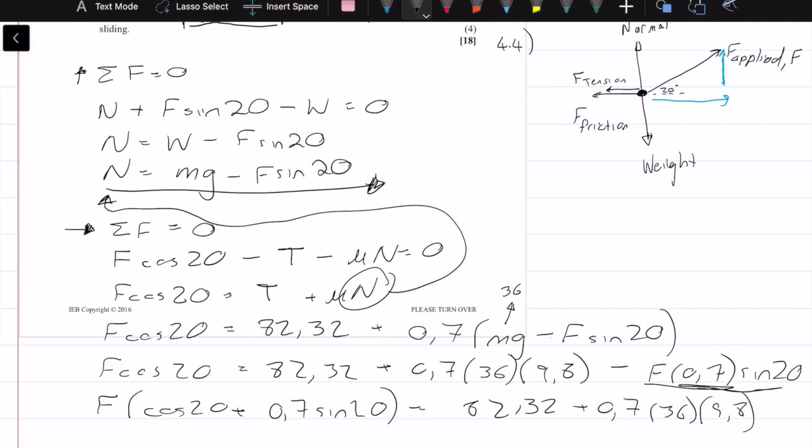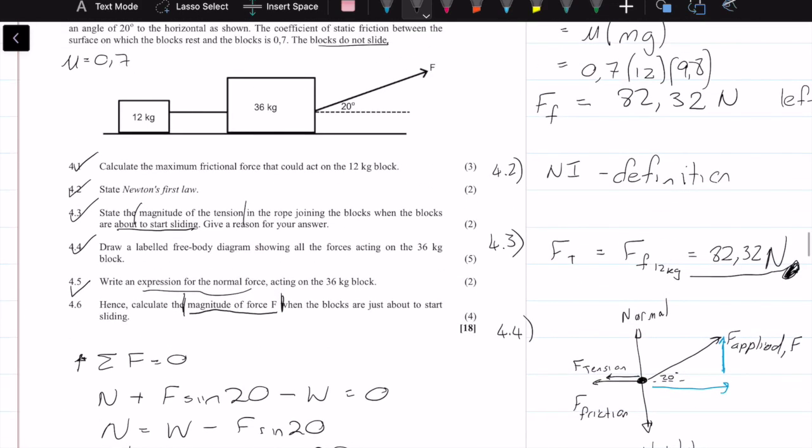The only unknown here is F. So dividing everything by the bracket, we get that F is equal to 279.26 newtons. We are only worried about the magnitude, not the direction. So we get 4 marks for that.